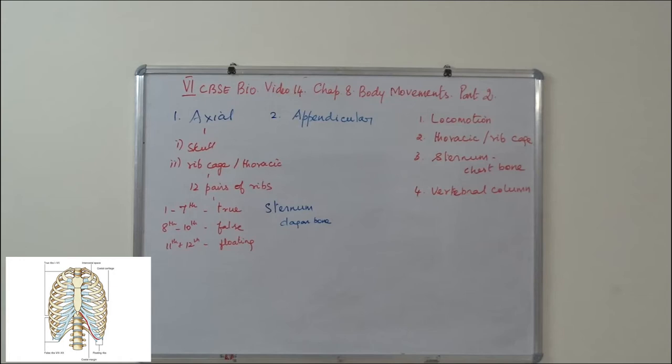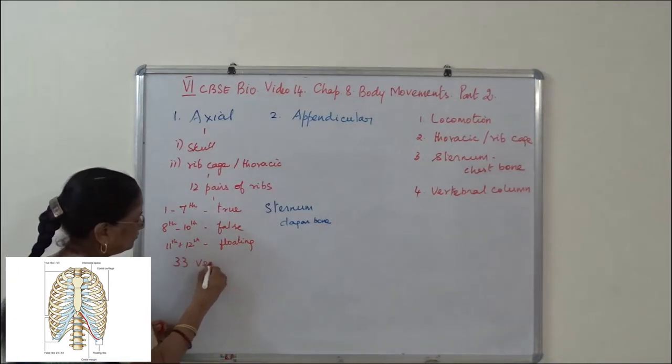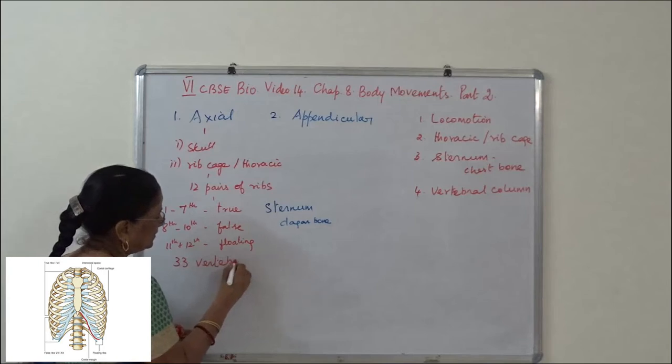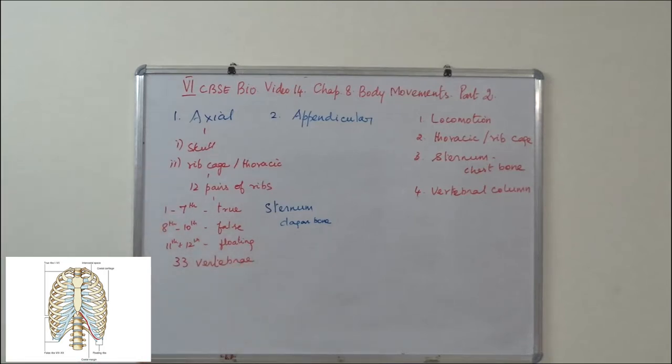Right. Now this vertebral column, again in human, there are 33 vertebrae. Vertebra is singular, vertebrae plural.